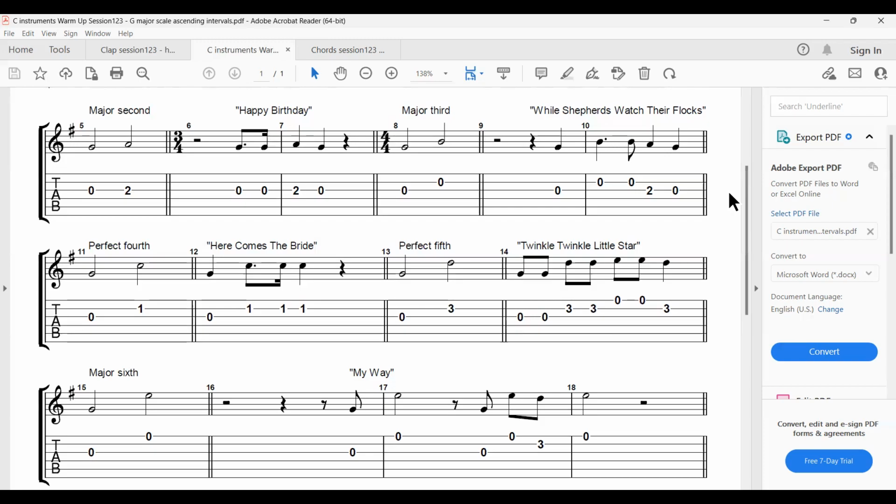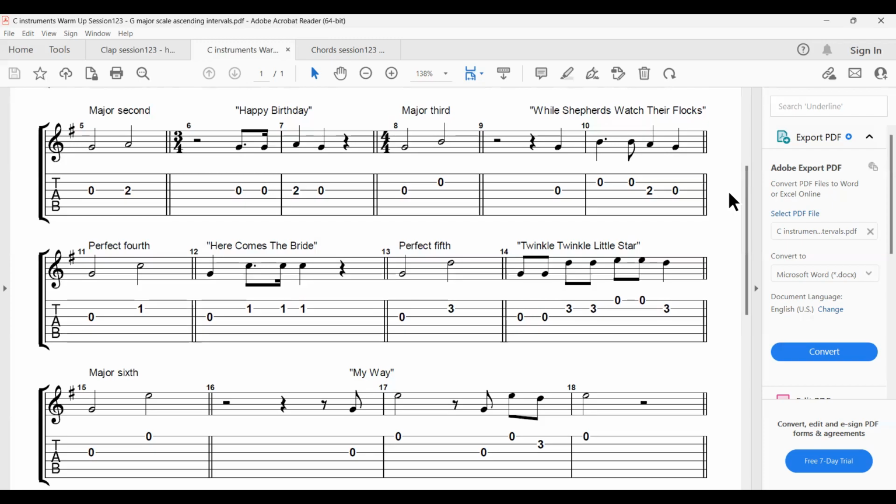And the well-known tune, I've tried to pick tunes that everyone would know, you might have others, which starts on that interval is While Shepherds Watch Their Flocks, or Wash Their Socks. So the next 2 bars, we'll just play that little phrase there. The first interval is a major third.